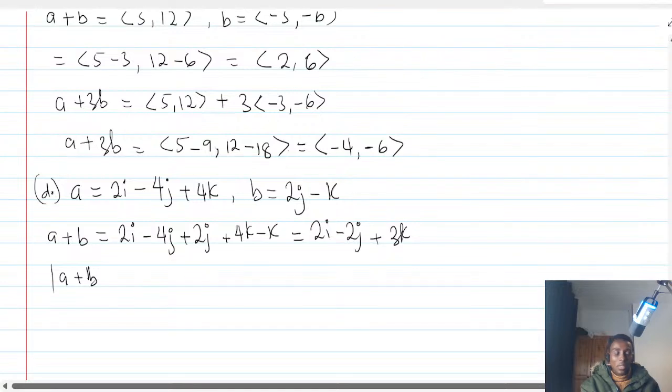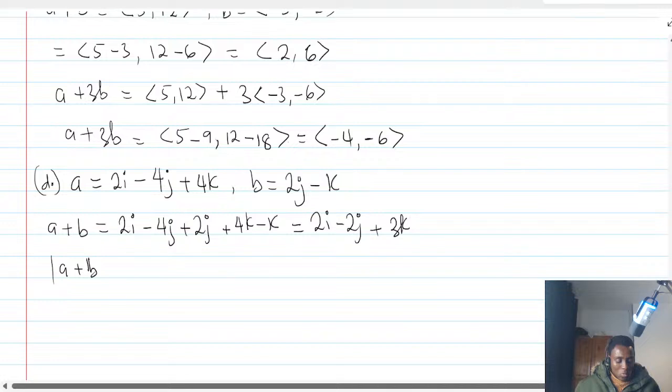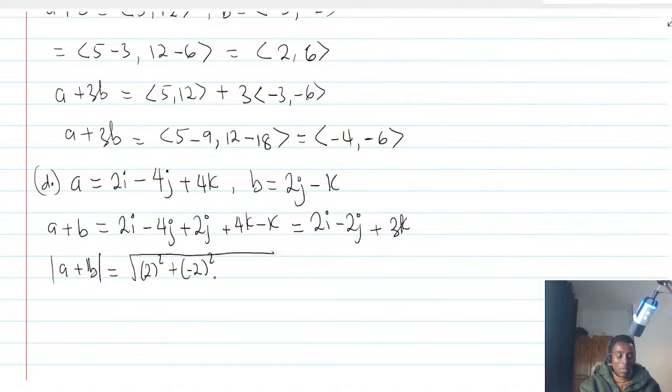So the magnitude of a plus b is 2 squared plus minus 2 squared plus 3 squared. And what is this going to be?